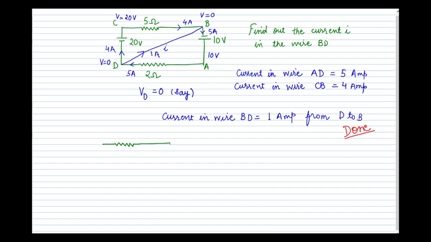And this resistance 2 in a single arm, and here we are connecting one cell of 10 volts, and in between we have one more resistance, and there's one more cell of 30 volts, and here we have one more cell of 14 volts.